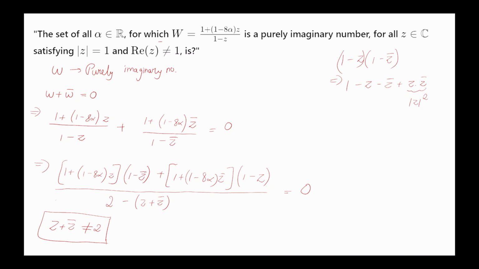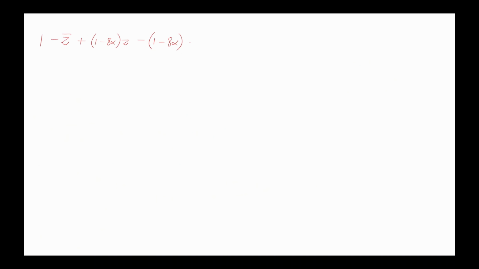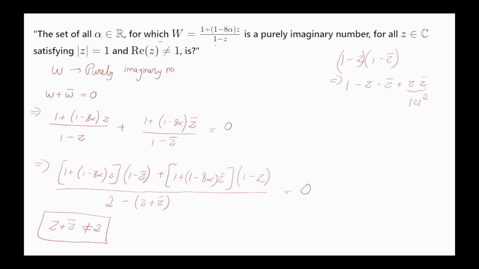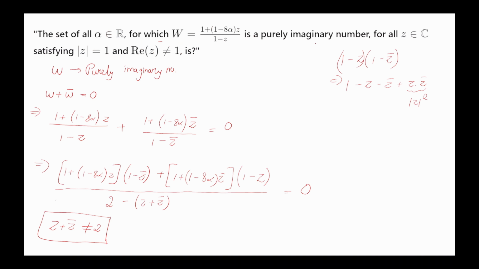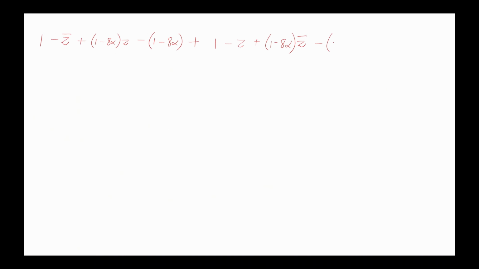Of course I would have a z into z bar here, which would become modulus z square, which is simply just 1, plus now multiplying the other one, I would have a 1 here minus z plus 1 minus 8 alpha times of z bar, and then I would have a minus 1 minus 8 alpha is equal to 0. So this is what I'm getting.